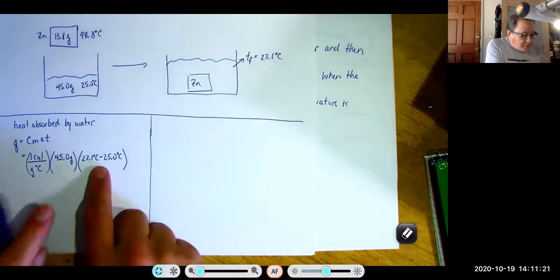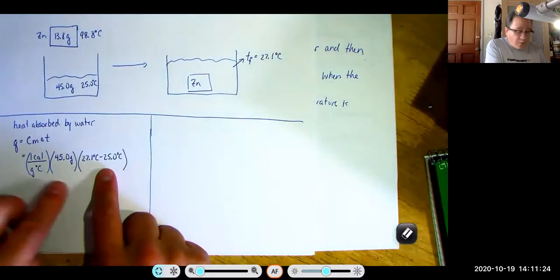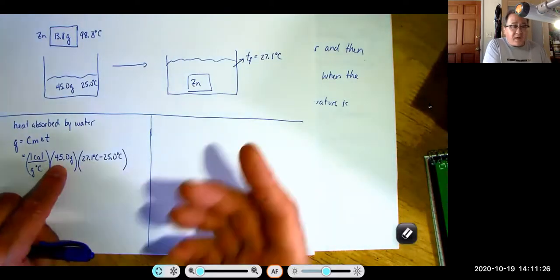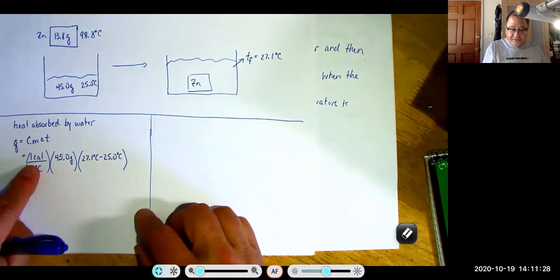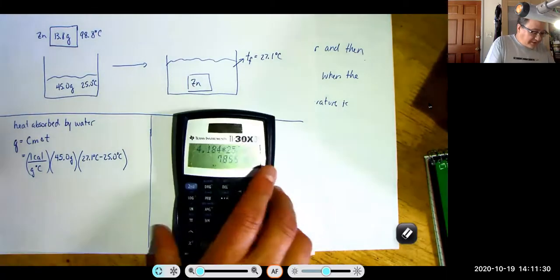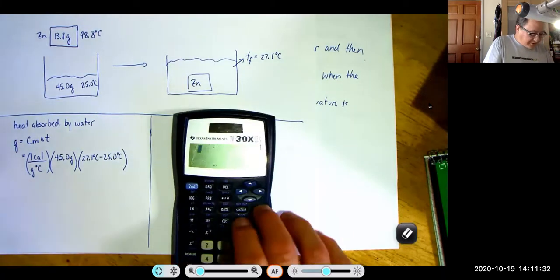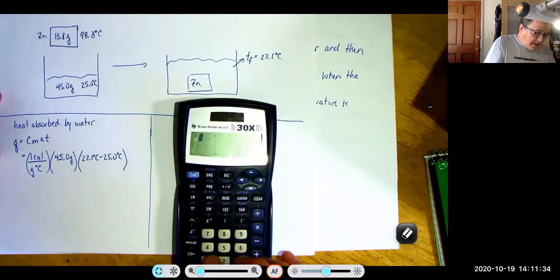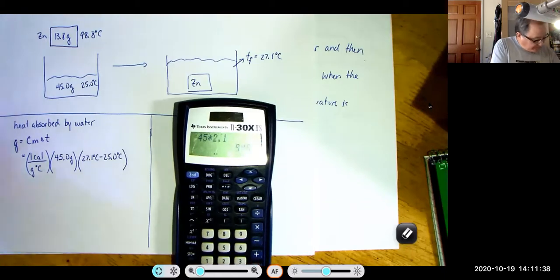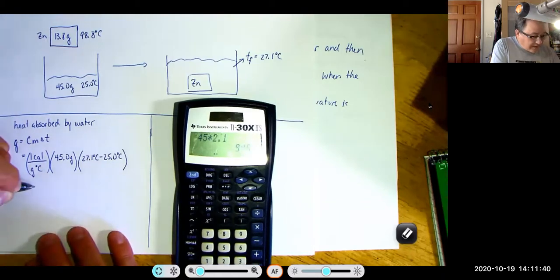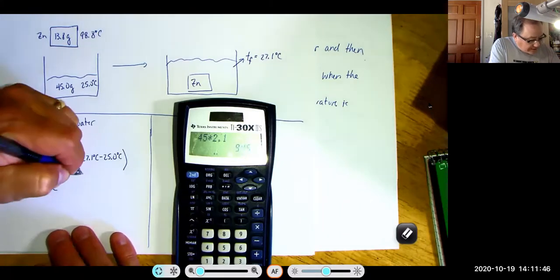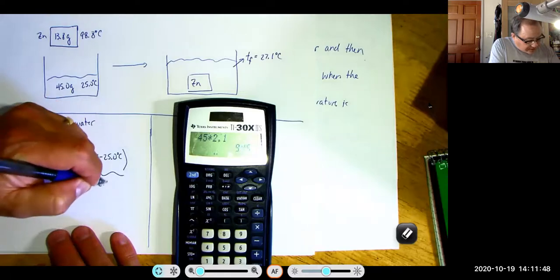So here we'll have a 2.1 difference times 45 puts us at about 100, times 1 puts us at about 100. So let's see what we get for our answer here. 45 times 2.1 is equal to 94.5. Now remember, the difference here is 2.1 degrees Celsius.